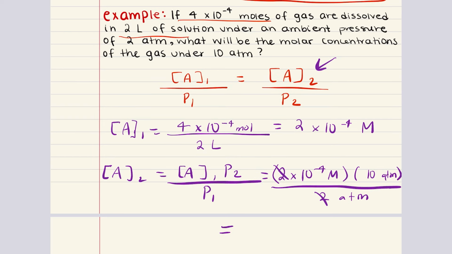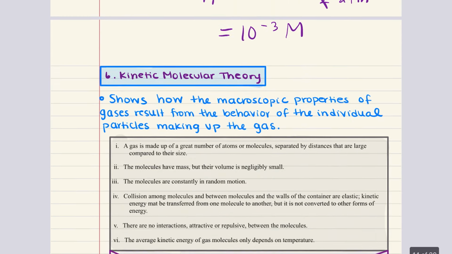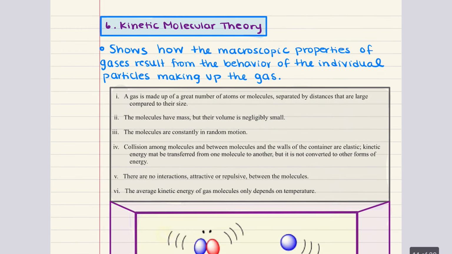This gives us a final concentration of 10 to the minus 3 molar. So the molar concentration of the gas under 10 atmosphere is going to be equal to 10 to the minus 3 molar. Wonderful. With that, we've completed the 5th objective, and now we can move into our 6th objective, which is focused on the kinetic molecular theory.